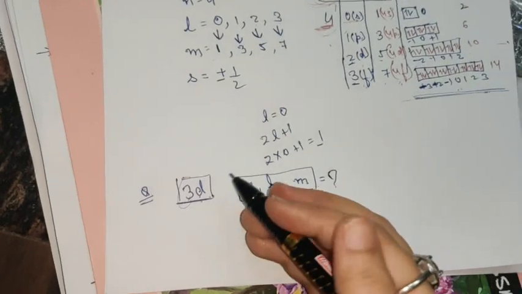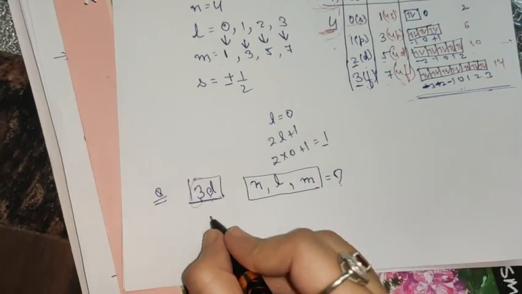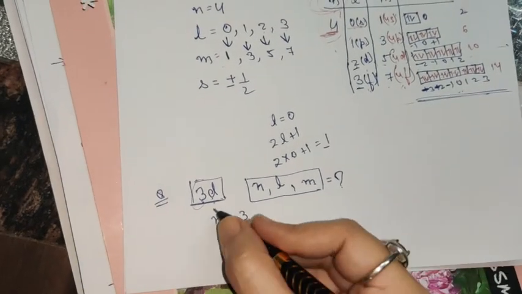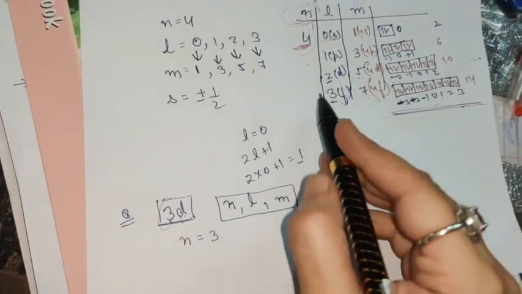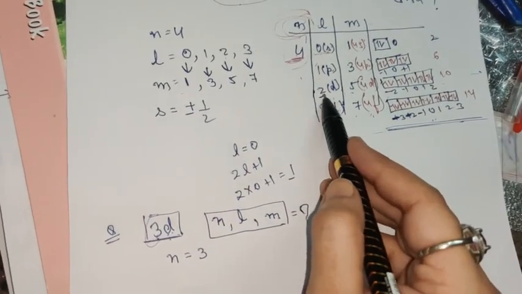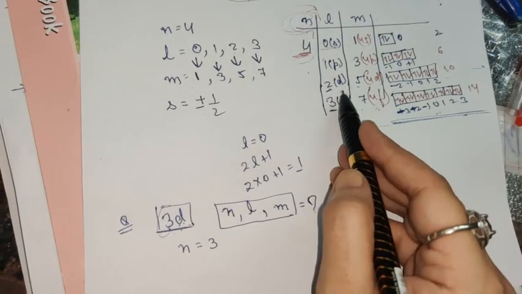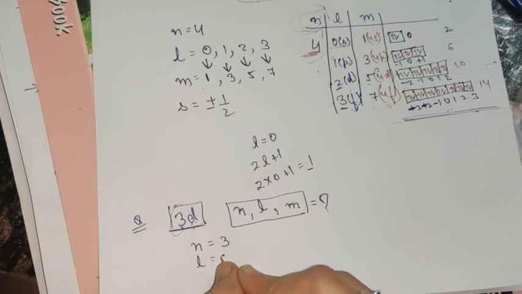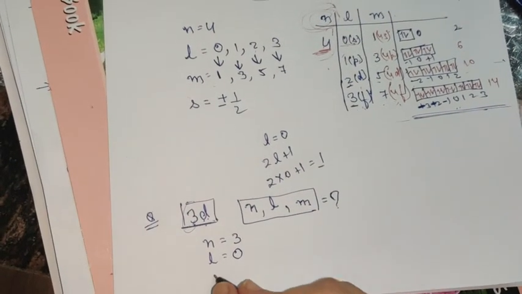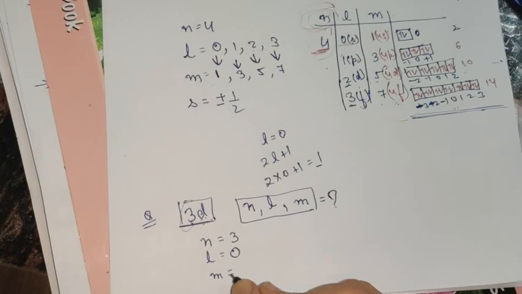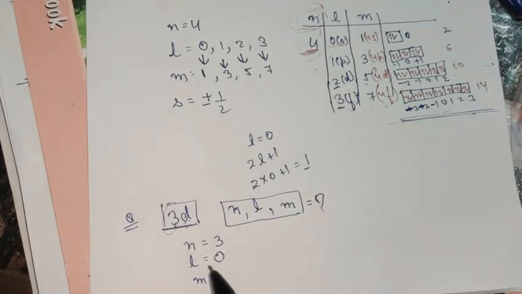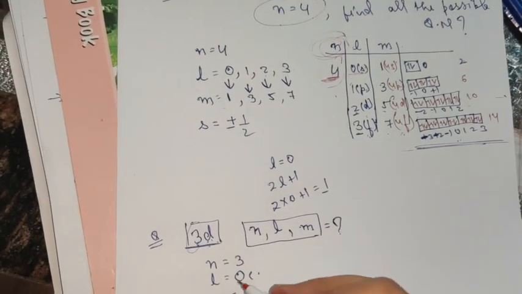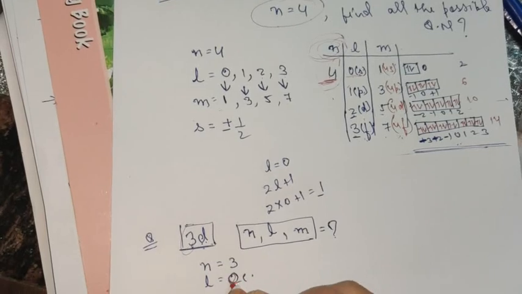It is very simple solution. 3 represents the value of n is equal to 3. Now what does this d represent here? We have just seen that the value of l for d is equal to 2. So the value of l will be 2. Now the value of m, we all have learnt this recently, that d subshell, sorry, I have mentioned 0 here, it is 2.